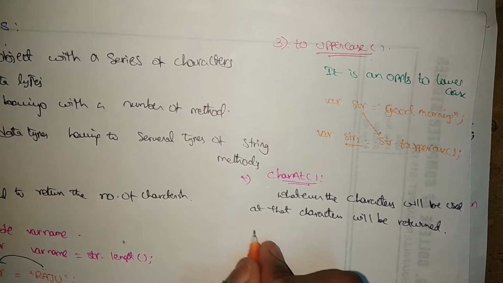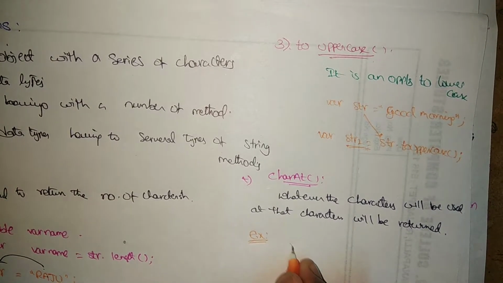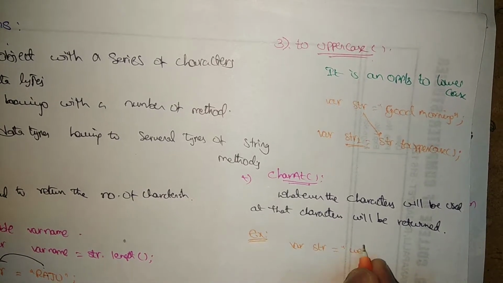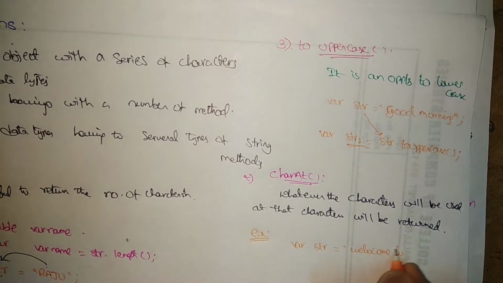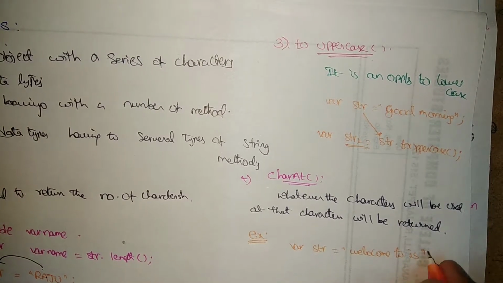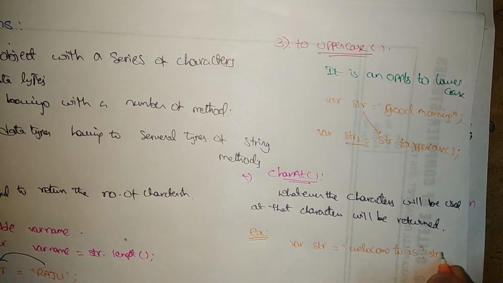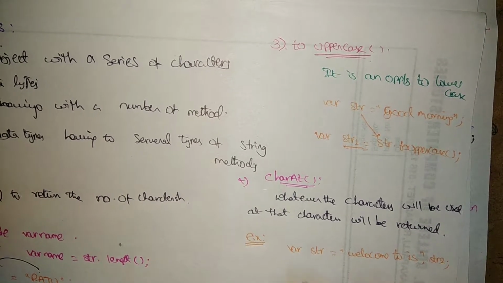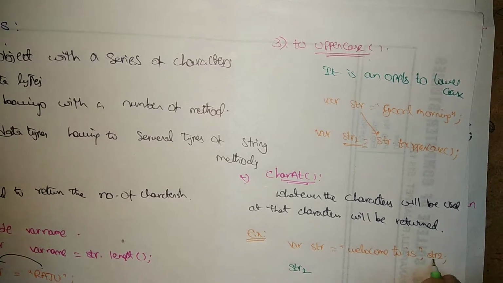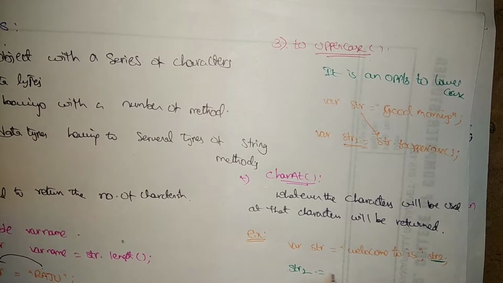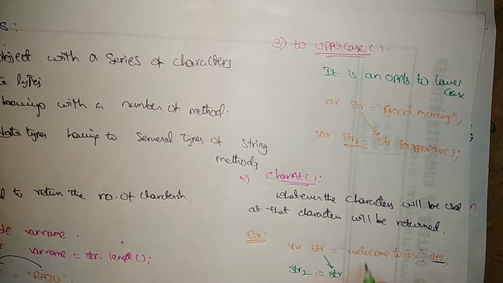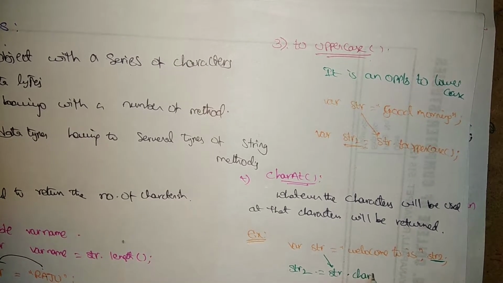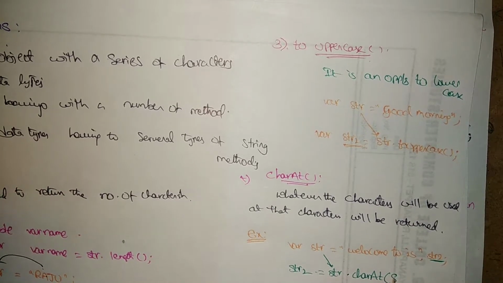Let me explain with an example. Now I am taking one string variable str, Welcome to JS. Here str2 is declared at the same time. Str2 equal to str dot charAt of 8.